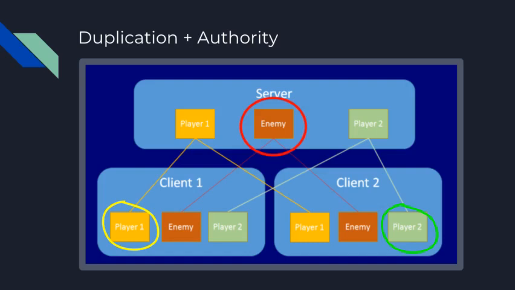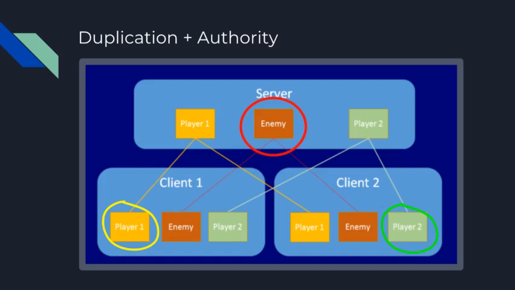Another concept we have to go over is duplication and authority. In this model we have the server and two clients, which are basically two players. I'll go over authority first.